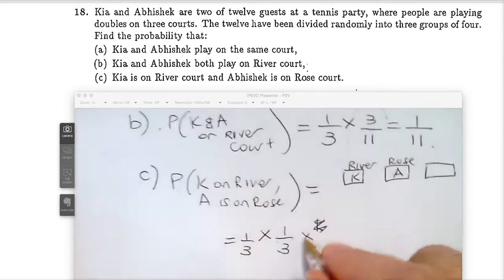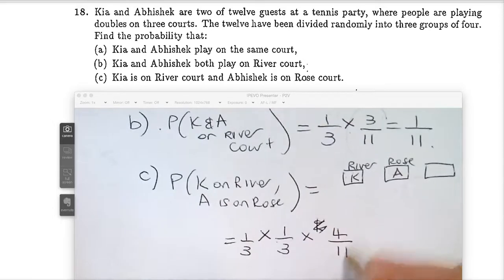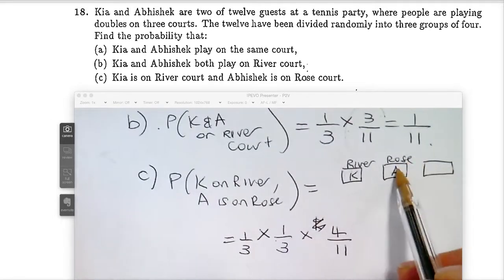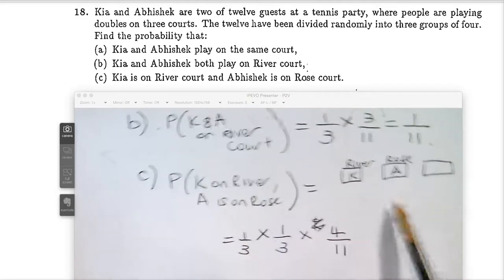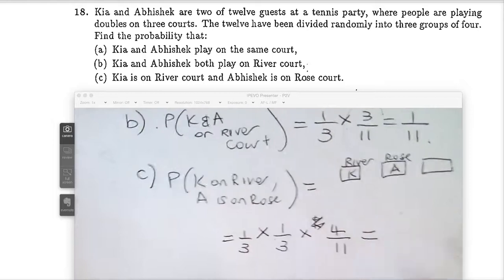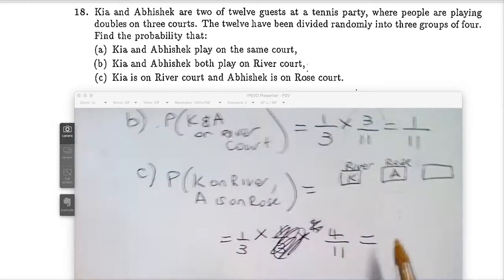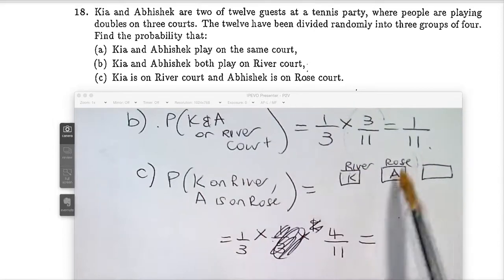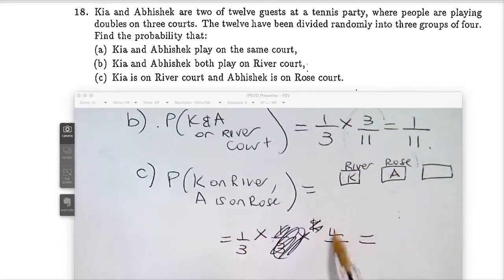There is a 4 out of 11 chance that Rose ends up there. Because there'll be 4 people out of 11 there, and Rose is one of those 4 out of 11. Well, so the 3rd is for K, and there'll be 4 people on Rose Court, and he's got 4 chances out of 11 to be that person.